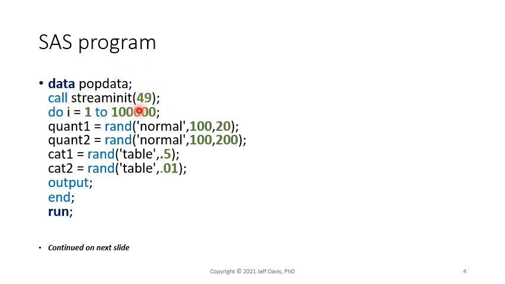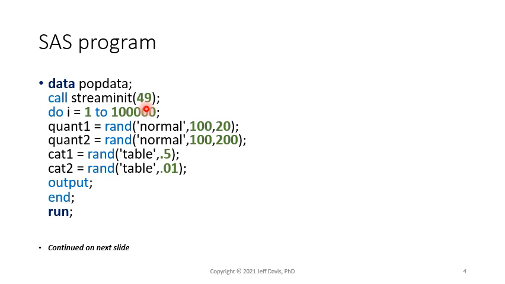So we're going to set 49 as our initial seed value, so SAS is going to start drawing random selections starting from that number 49. It's not necessarily going to pull somebody who's number 49 in the list in the data. It's just going to start there, and then it's going to draw its first one from there.